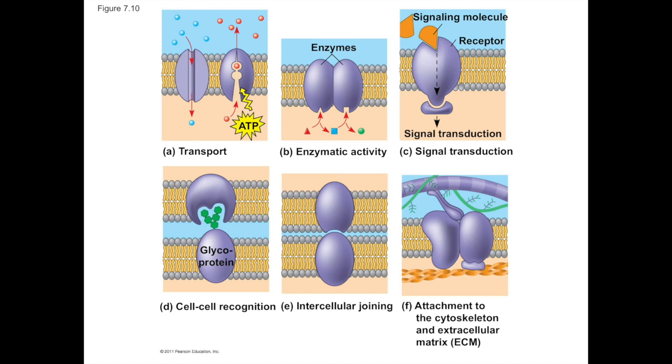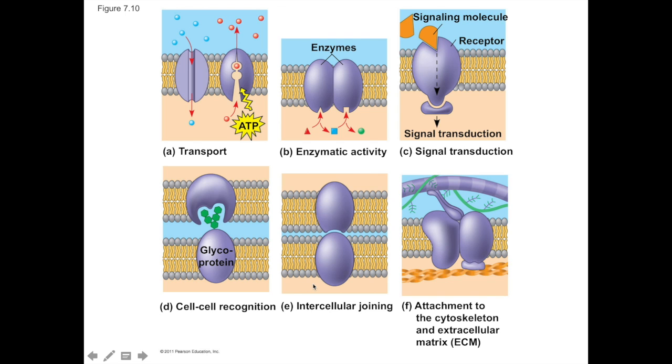If cells don't recognize each other, and these cell recognition glycoproteins aren't there, maybe the other cell won't connect to it or won't exchange signals with it, or may even try to destroy the cell if it doesn't recognize it as being the cell that's supposed to be there.